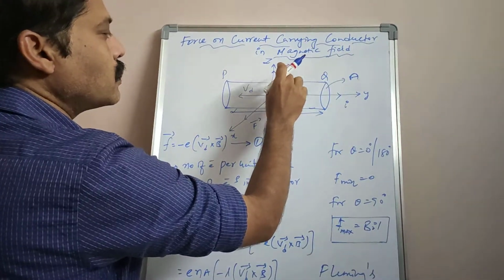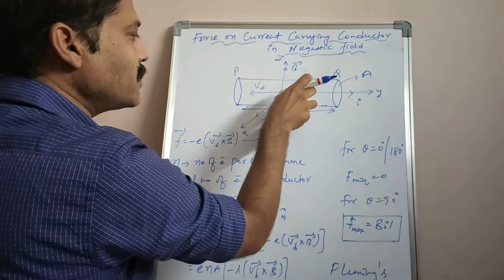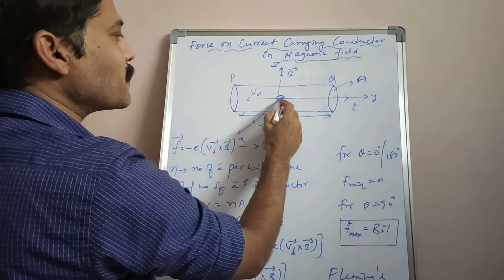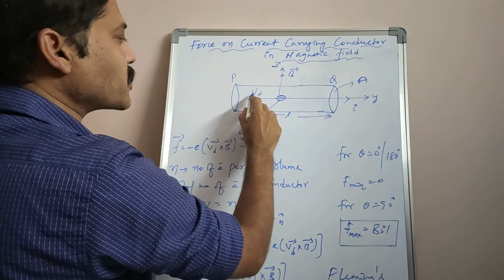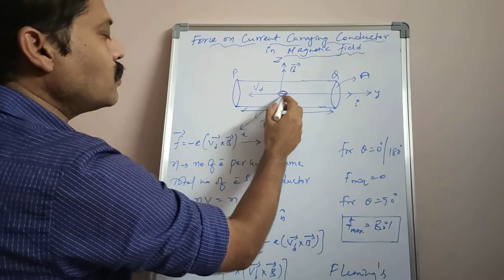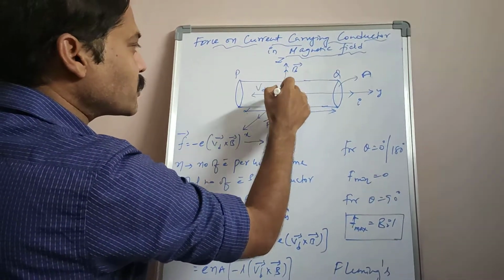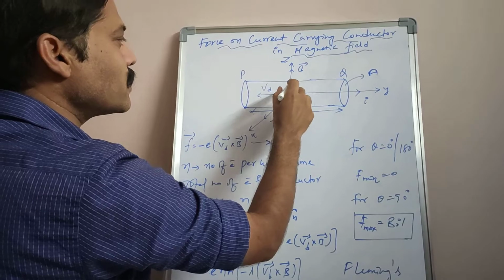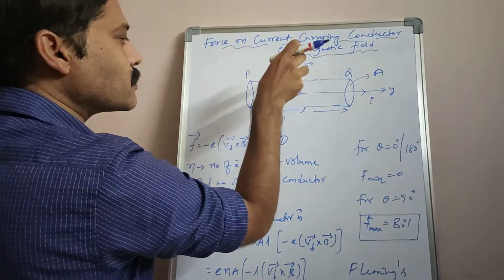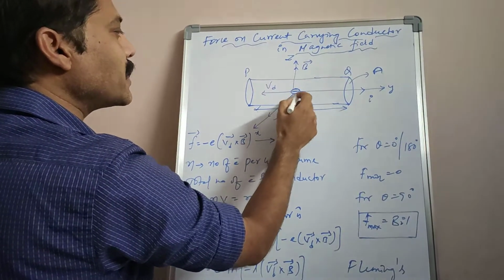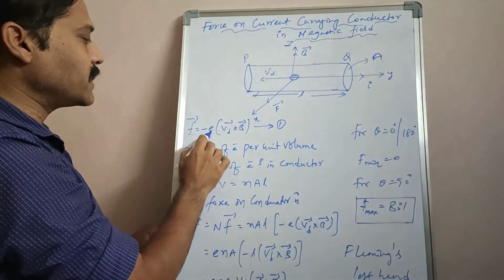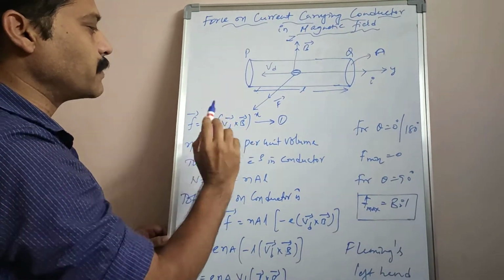So when this conductor carrying current is placed in a magnetic field, electrons will experience some force and begin to drift in the opposite direction to the flow of current. The force experienced by the electron is given by F bar is equal to minus e into Vd bar cross B bar.